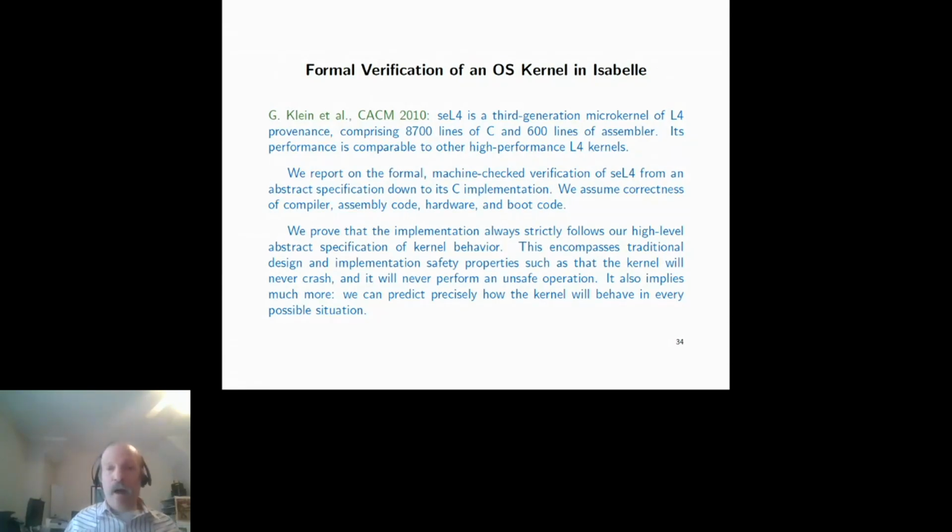And they were able to formally verify it, all the way, though they had to make some assumptions. They assumed the correctness of the compiler, the assembly code, the hardware, and the boot code. So it doesn't give you the mathematical certainty that Hoare wanted, but it does give you much higher confidence in the kernel and how it will behave.